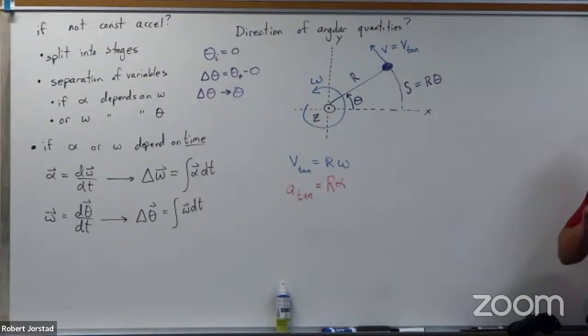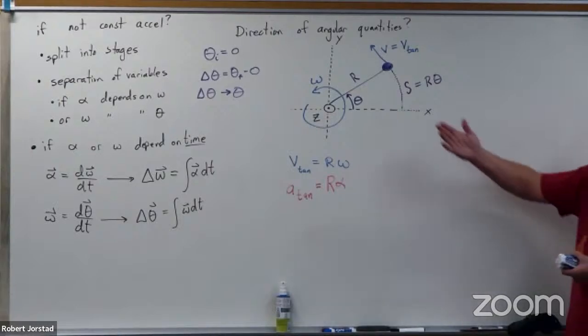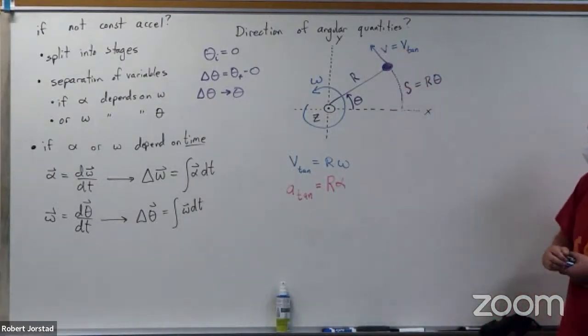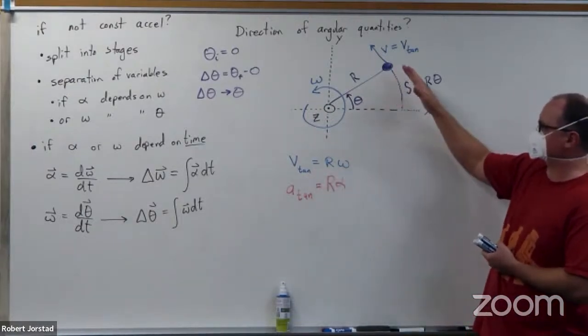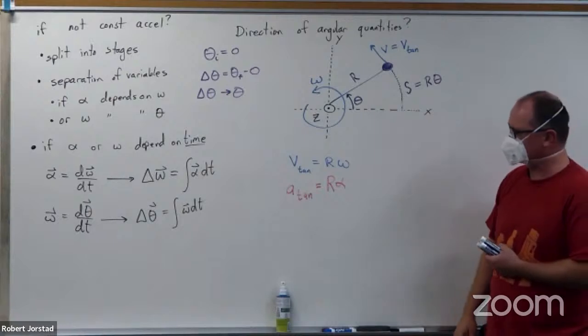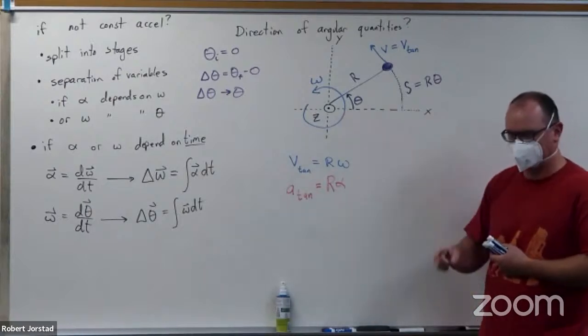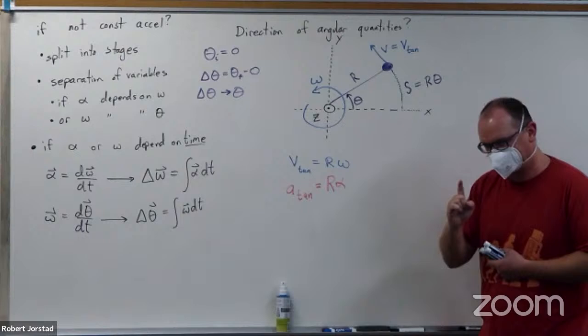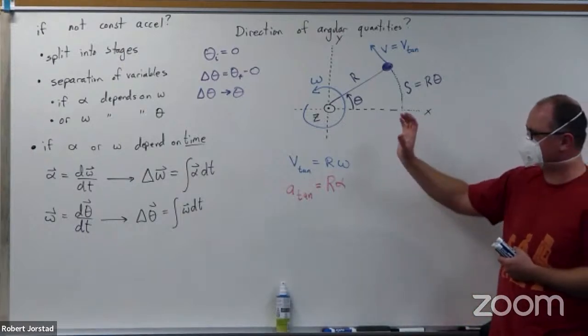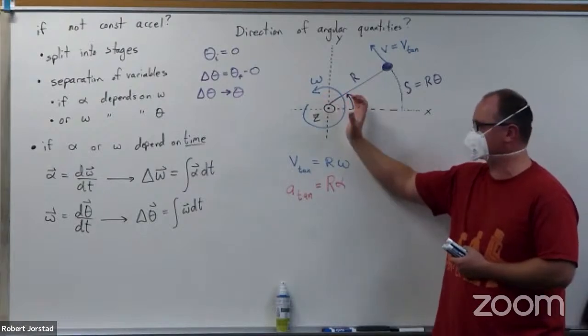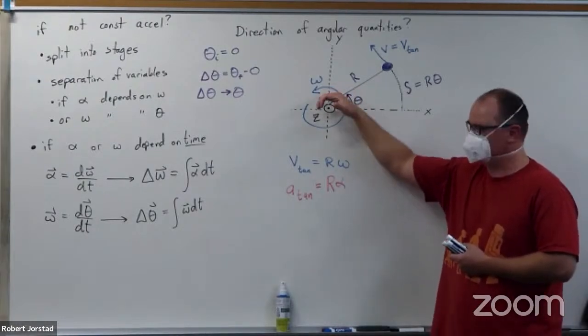Now let's think about the directions of these carefully. That's our goal, is we're trying to figure out the direction of these quantities. V tan, that's pretty easy. It's tangent to the circle. However, what is the direction of omega? Get out your right hand and curl it in the direction of omega. Which way is my thumb pointing?